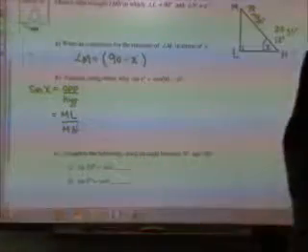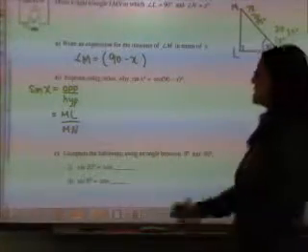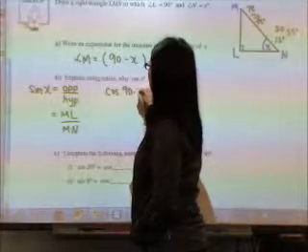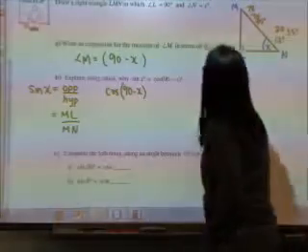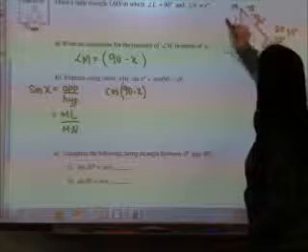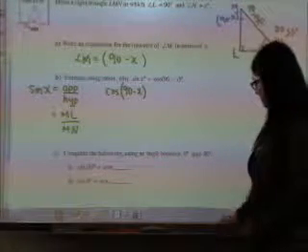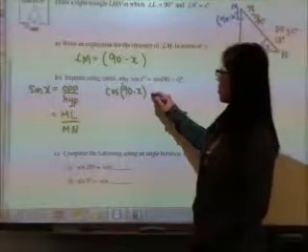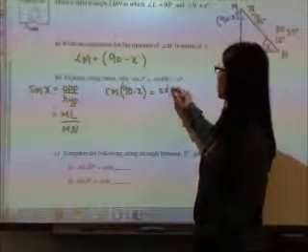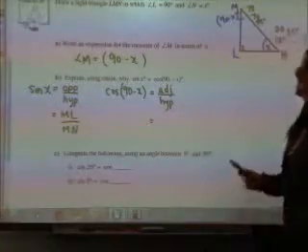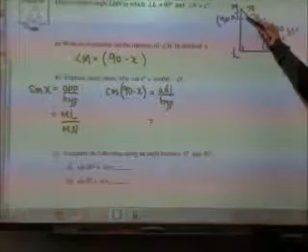So now if I go to my cos 90 minus x angle, so my 90 minus x is this one right here. 90 minus x degrees. Well, cos is adjacent over hypotenuse. What's the adjacent side of this triangle called?